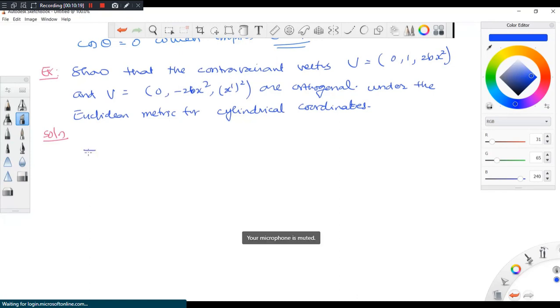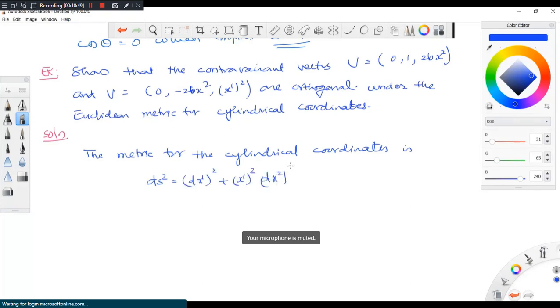So the metric for the cylindrical coordinates is ds square is equal to dx1 square plus x1 square into dx2 square plus dx3 square.